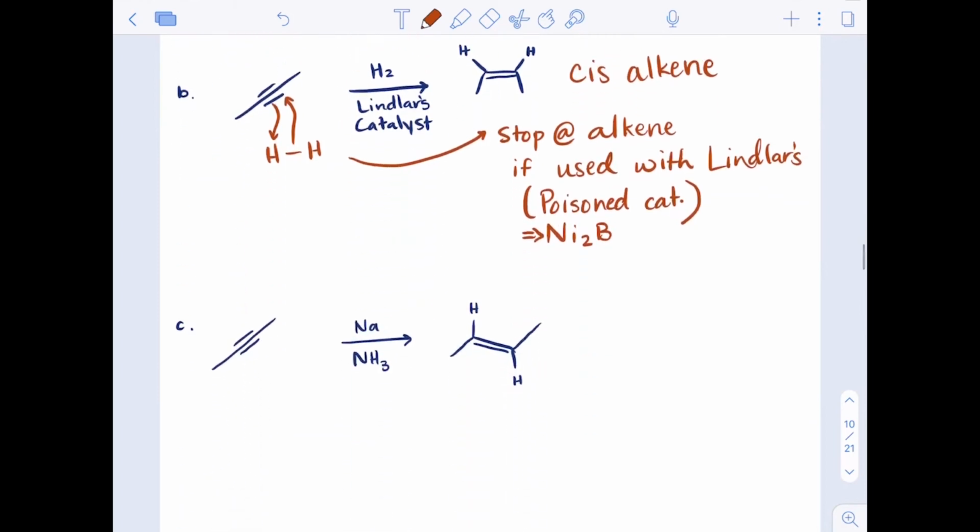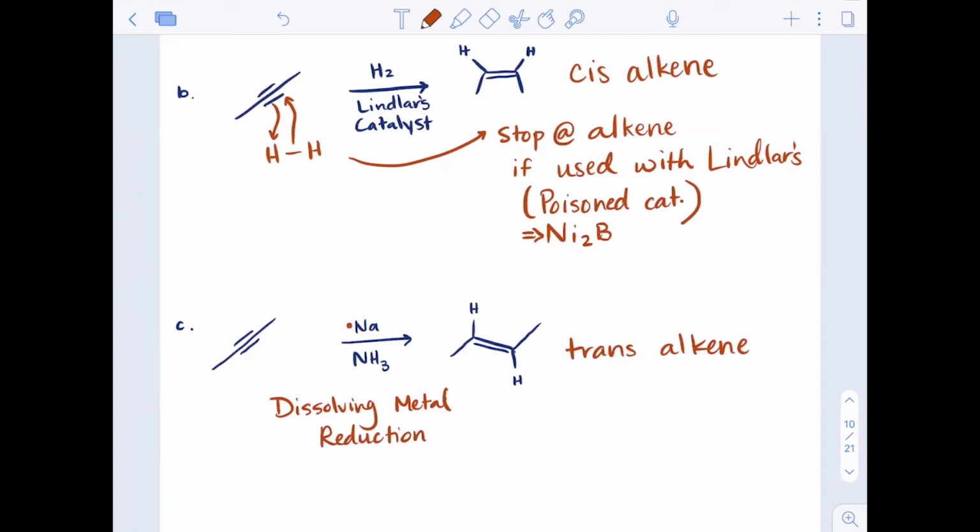Now, just because we love our ability to have multiple options, what if we wanted the trans alkene? Well, you can't use catalytic hydrogenation with H2. It just won't work. Instead, what we are going to use is something called the dissolving metal reduction. In the dissolving metal reduction, we are going to be utilizing a reactive solid metal, sodium.